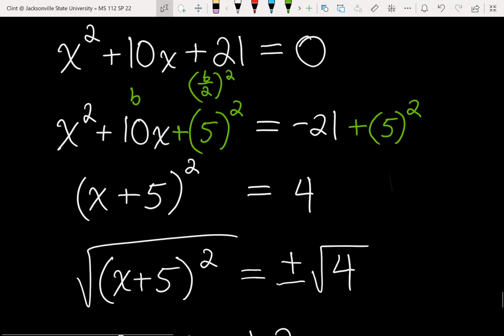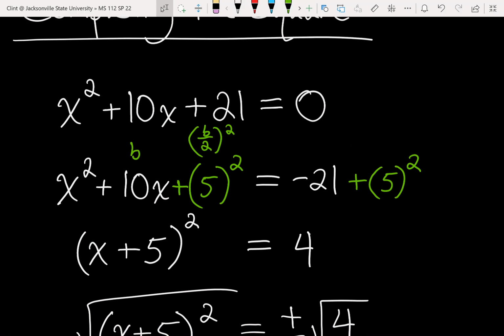Completing the square does get more difficult if our leading coefficient is not a 1. So if your leading coefficient is not a 1, okay, fine, use quadratic formula. If your leading coefficient is a 1, completing the square can be not bad. Sometimes it's faster than doing quadratic formula.